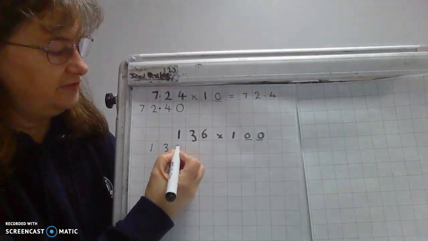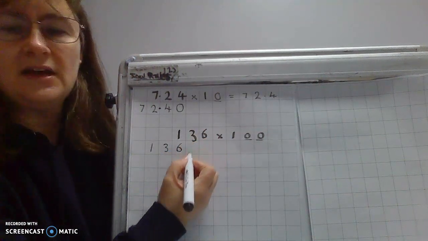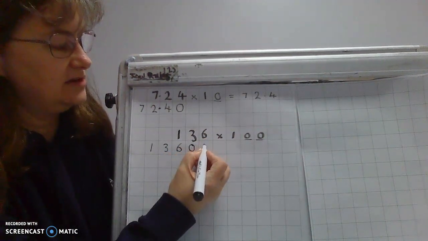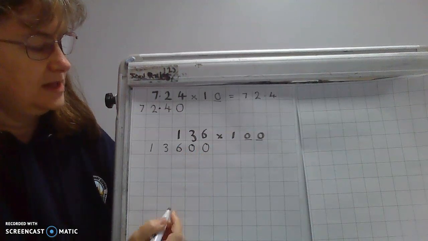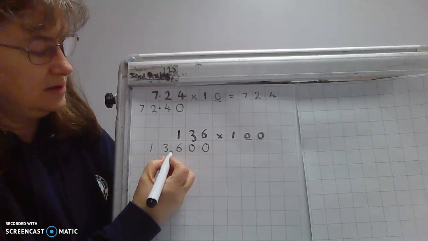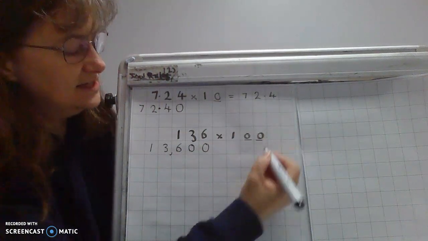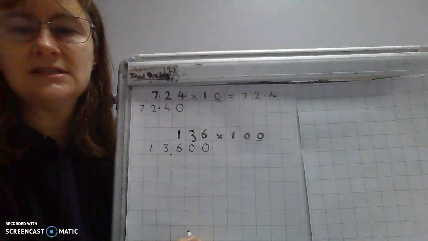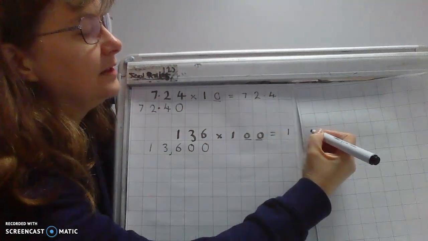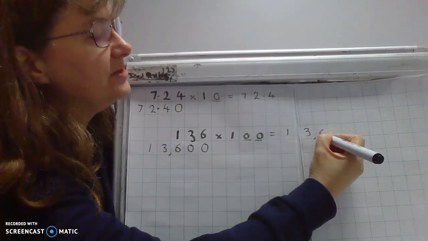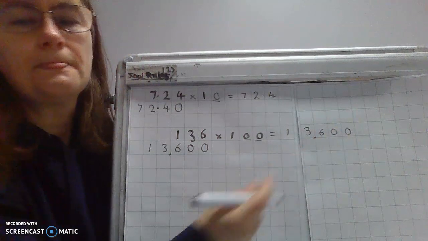My other digits are going to follow. Then I need to put in my placeholder zeros in my tens and ones column. So if we look at my answer now, put my comma in to help me read it, it's 13,600 is my answer to that question. So I can write that over here, 13,600.